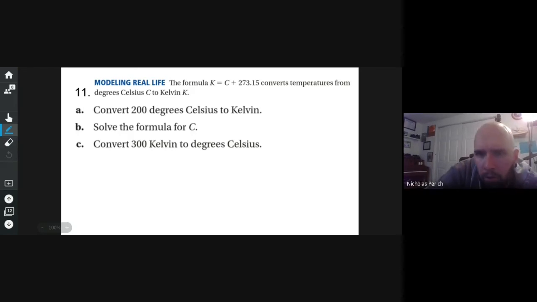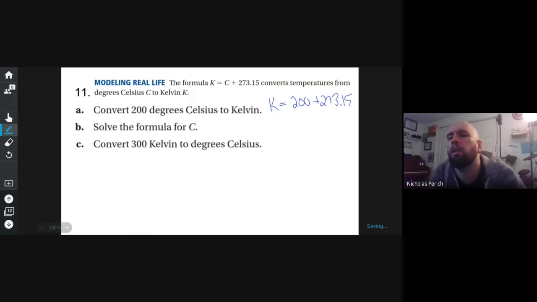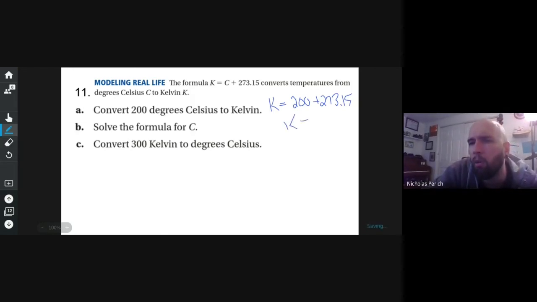Part A is just take 200 degrees, K equals 200 degrees Celsius, plug that in for C, plus 273, add them, and I get K equals 473.15. Easy peasy. That wasn't bad at all.